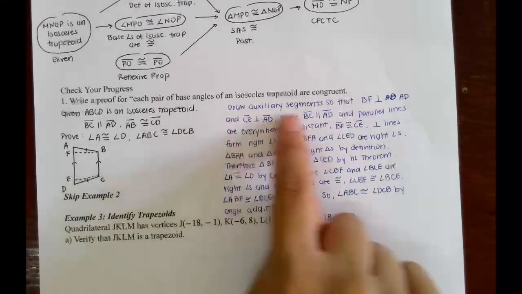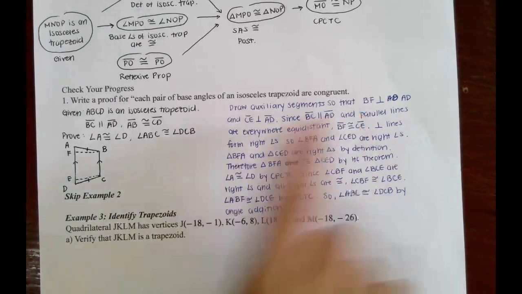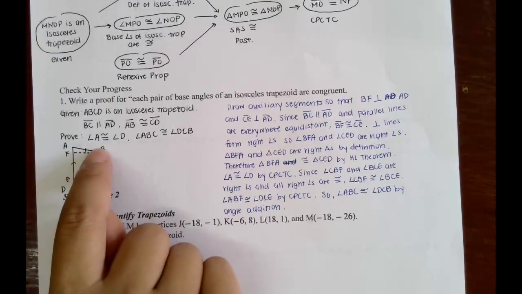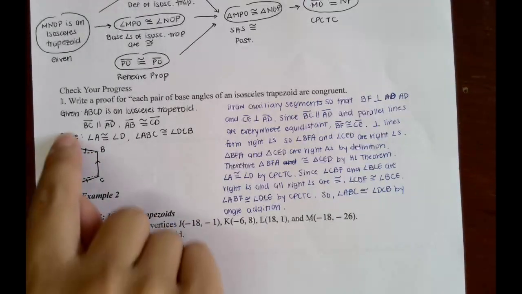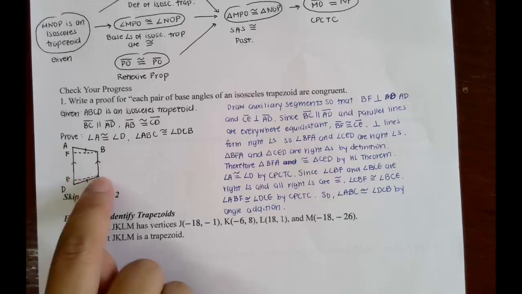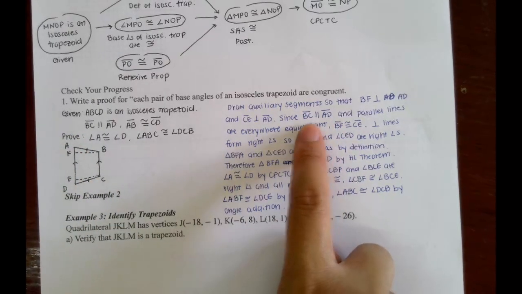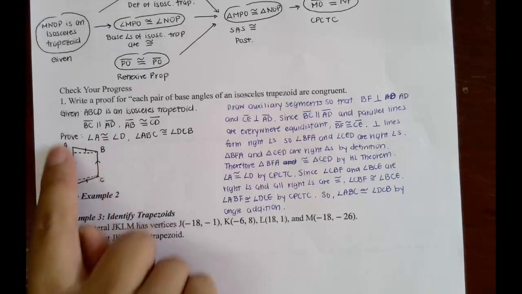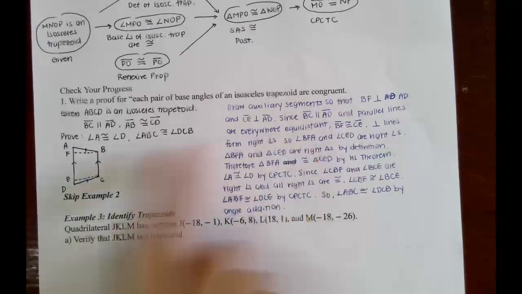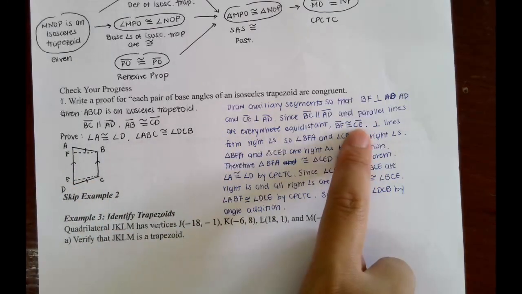First, we draw auxiliary segments, so that BF here is perpendicular to this base line here, and CE is also perpendicular to this baseline here. Since BC and AD are parallel, and we know that parallel lines are everywhere equidistant, that means BF and CE have to be congruent.